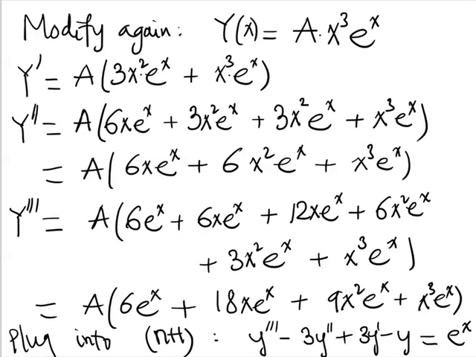So keep in mind, I need to multiply the second derivative by minus 3, the first derivative by 3, and then subtract capital Y.